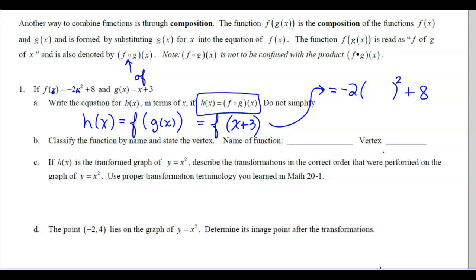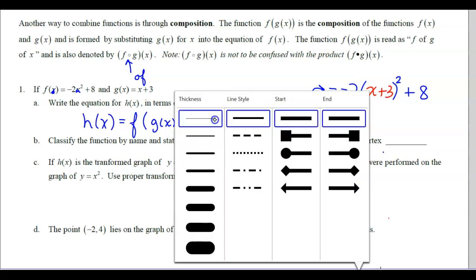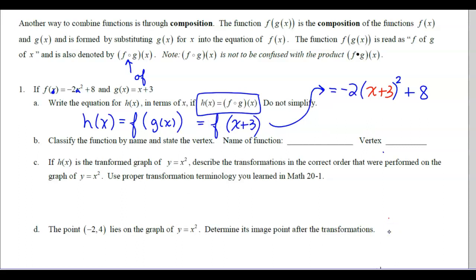So I'll do it in red. So that's going to be x plus 3. And it says don't simplify, so we're just leaving it in vertex form, basically. Because it's a quadratic. So the function is a quadratic. And it's in vertex form, so the vertex there would be negative 3, 8.